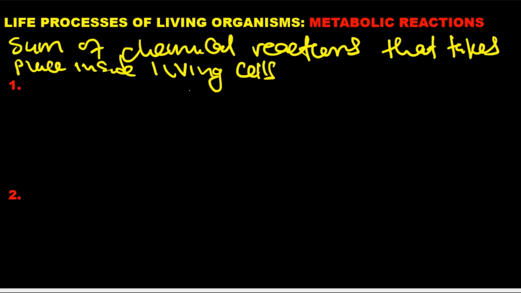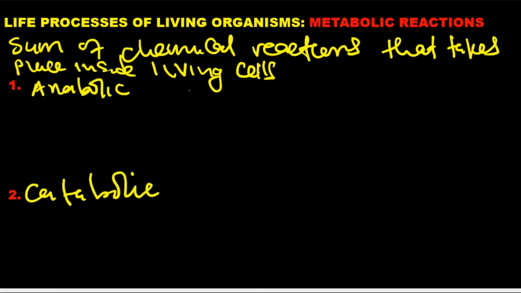One is called anabolic, and the other one is called catabolic. So we have anabolic and catabolic reactions. Let us start by looking at anabolic reaction. What is anabolic reaction?